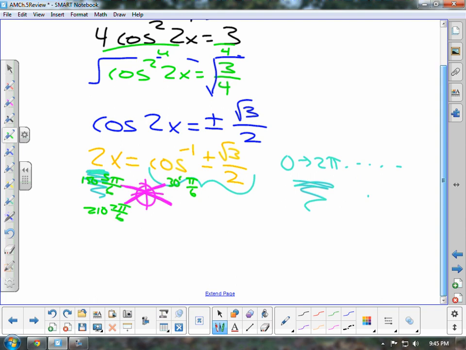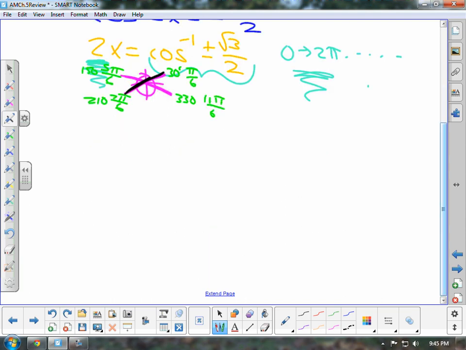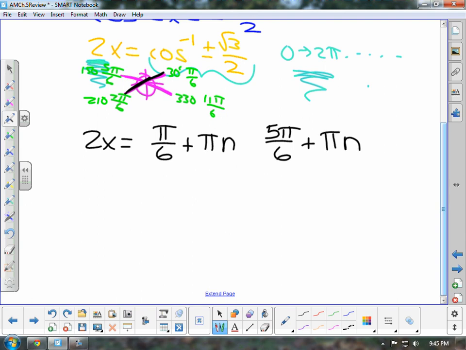And this one here is 330 and 11 pi over 6. We do not need to write all of those down yet, because if you write this angle and add pi to it, you would get to that angle. So that would be saying 2x equals pi over 6 plus pi n. And then if you write 5 pi over 6 plus pi n as well.